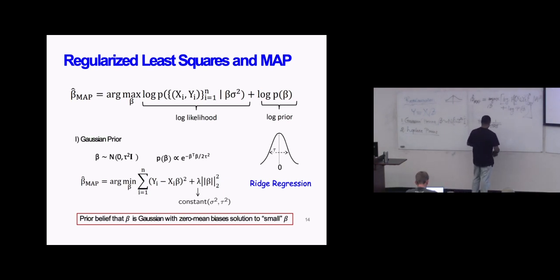And then what you do is e to the power minus half, beta minus 0 divided by tau, whole square. Why 0? Why beta minus 0 here?